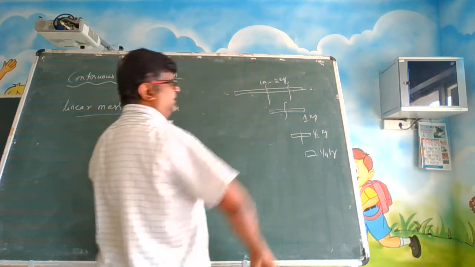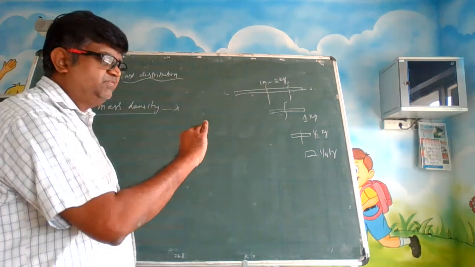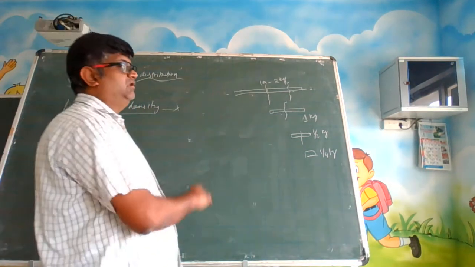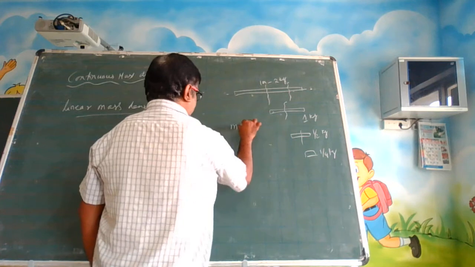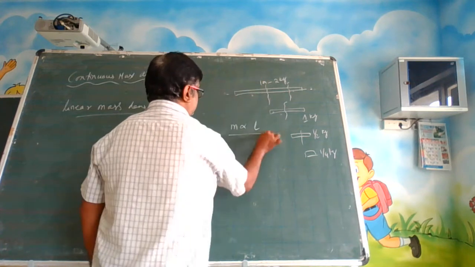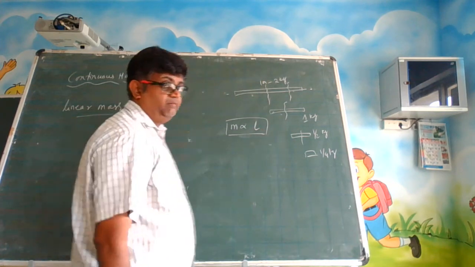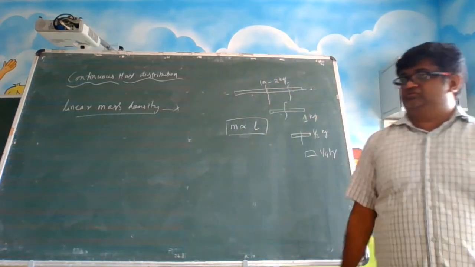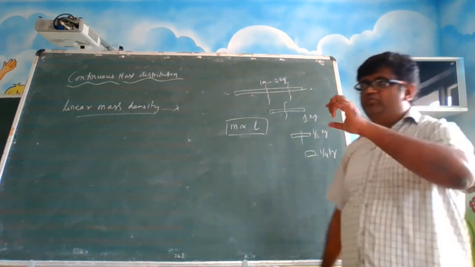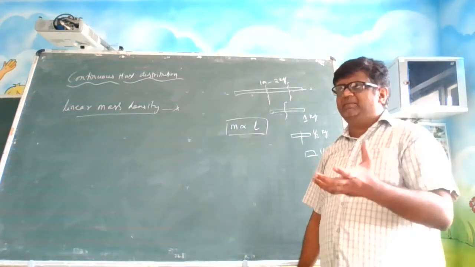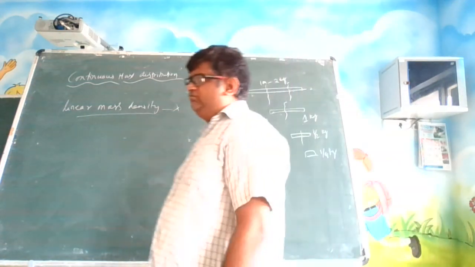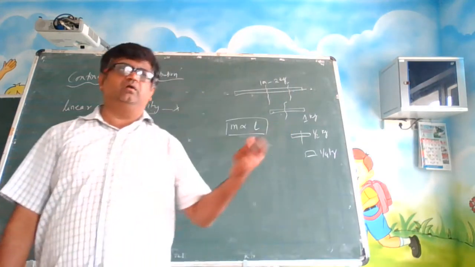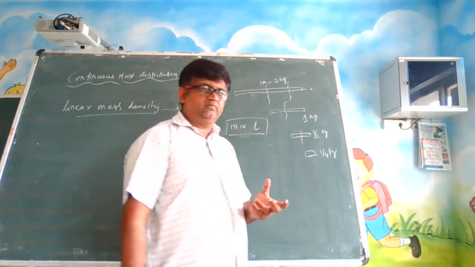So the mass and length are proportional. The mass here is proportional to the length, isn't it? It's a very important point. For line elements, if I take a thin wire, it has a mass. If you take a metallic rod made of iron, it has a mass.